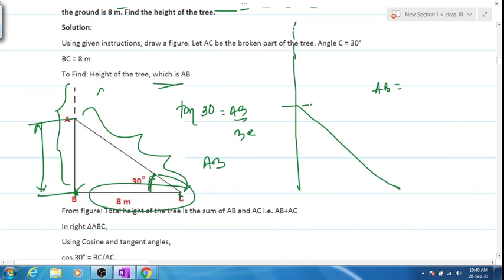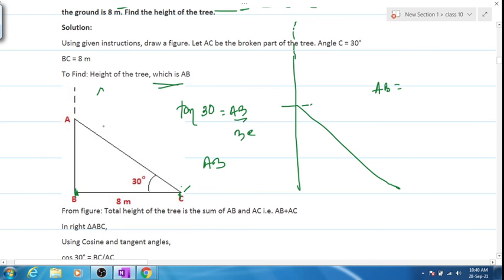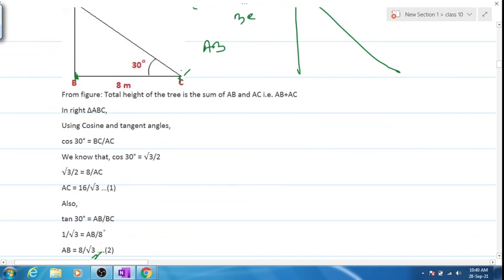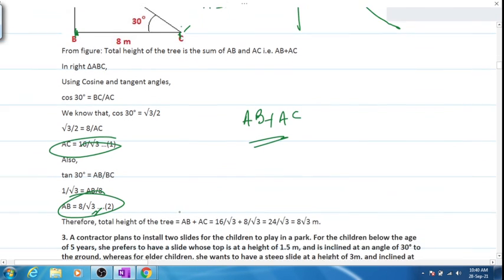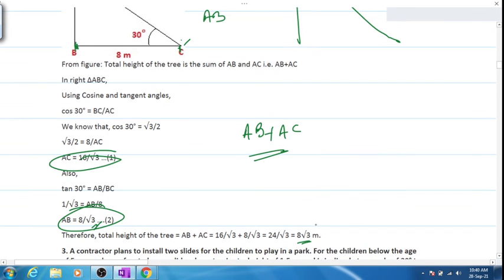Cos theta will be base by hypotenuse, which will give the length of the hypotenuse as how much? 16 by root 3, and our final length of the tree will be AB plus AC, right? So this plus this will be our answer, which is 8 by root 3 plus 16 by root 3.